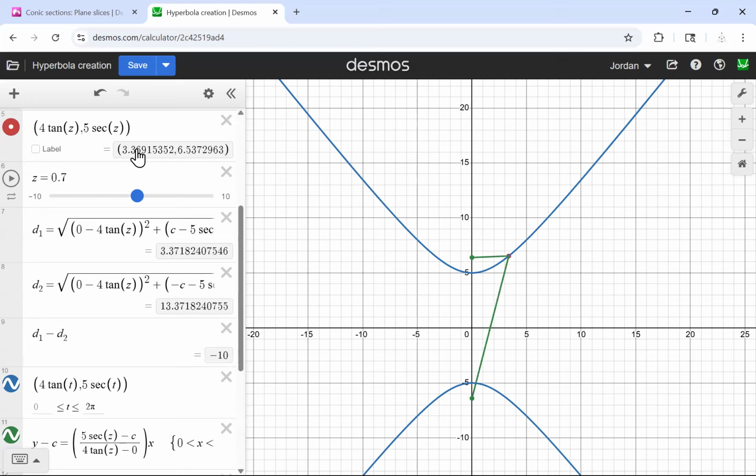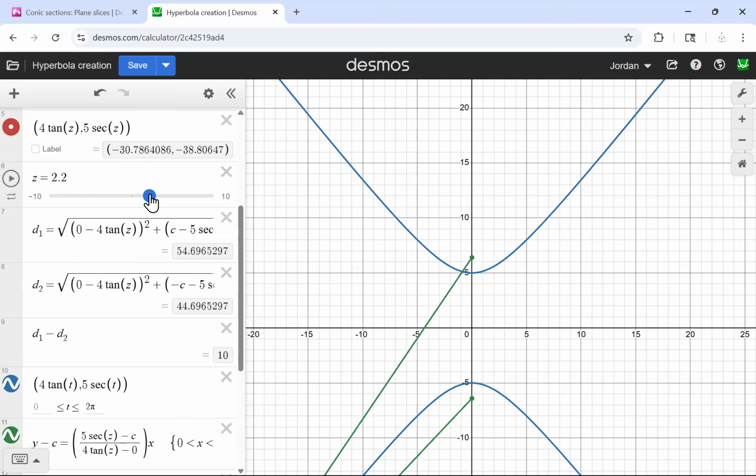Well, what if we change our point? Now the distance from the point to the first focus is 2.758, and the distance from the point to the second focus is 12.758. Once again, subtracting them, I get a negative 10.